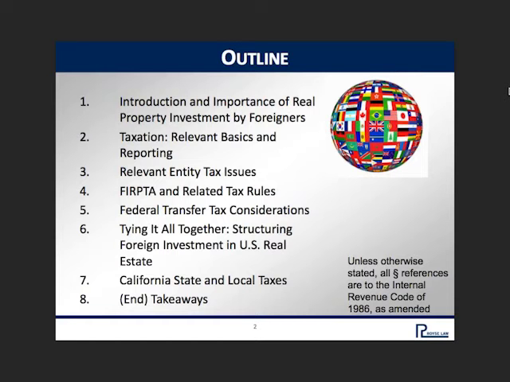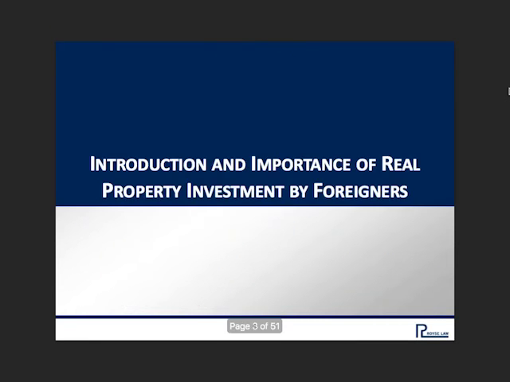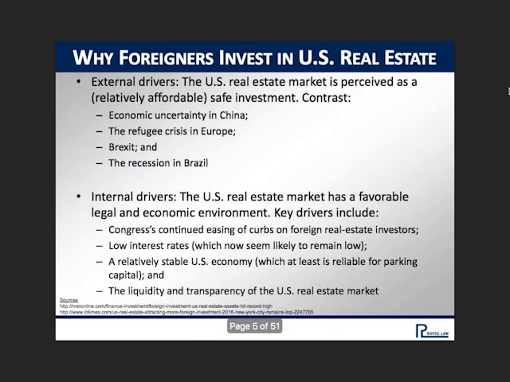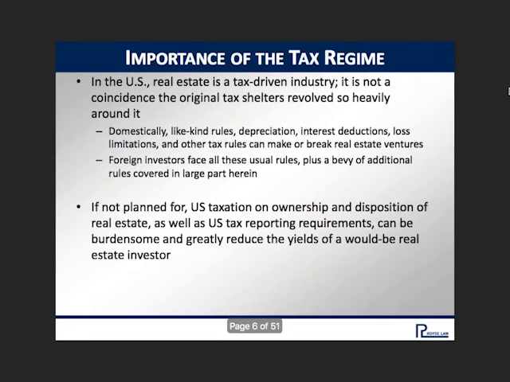As background, you can look at slides 3 and 4. They give you the size of the market and why foreigners invest in U.S. real estate. These are not tax-driven, they're simply economic issues. In the United States, the tax regime is very important in terms of how you own and deal with real estate.